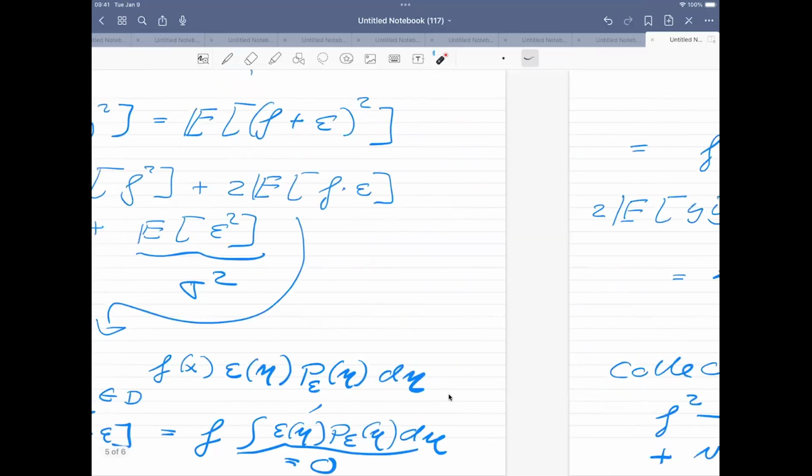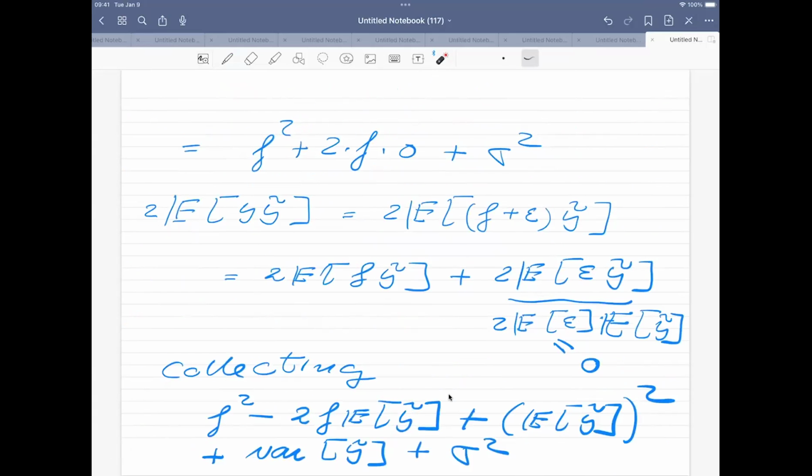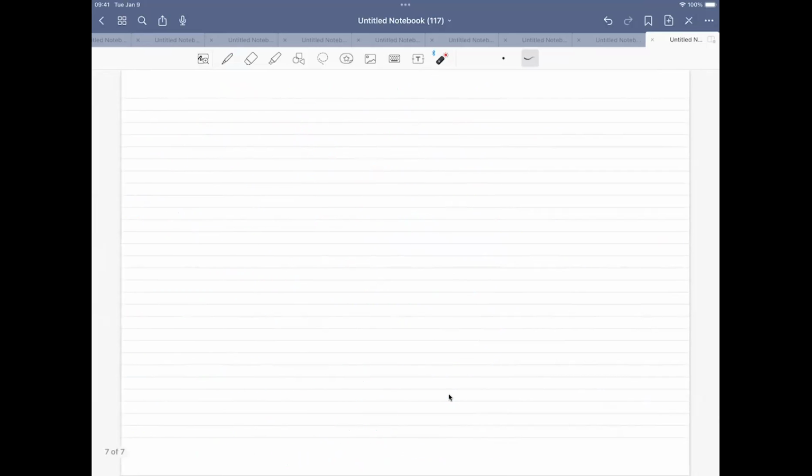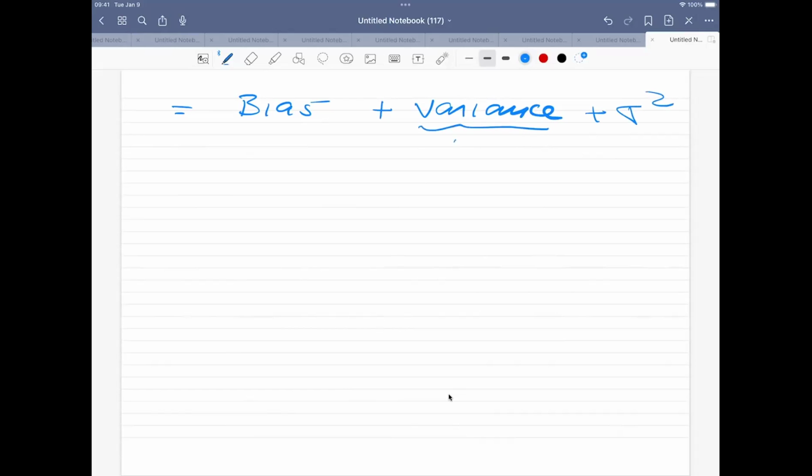So if we now look at these terms, we have the following. We are going to define this in terms of a term we call the bias, and then a term which we call the variance, plus this sigma squared. So this is just the model variance.